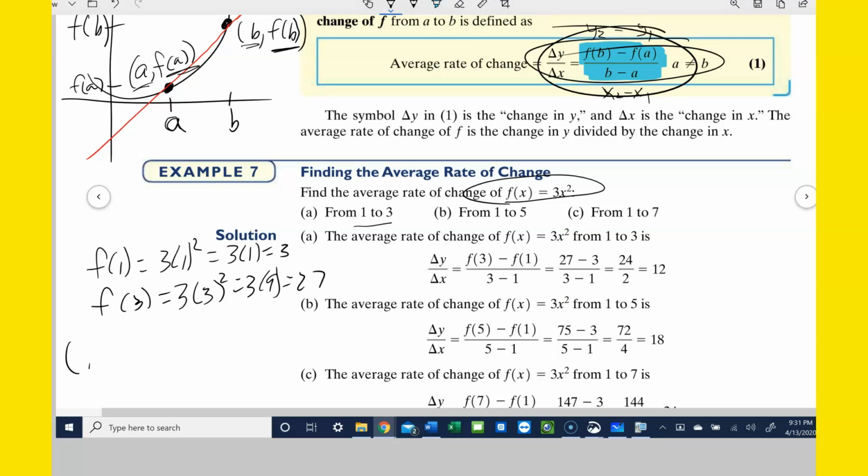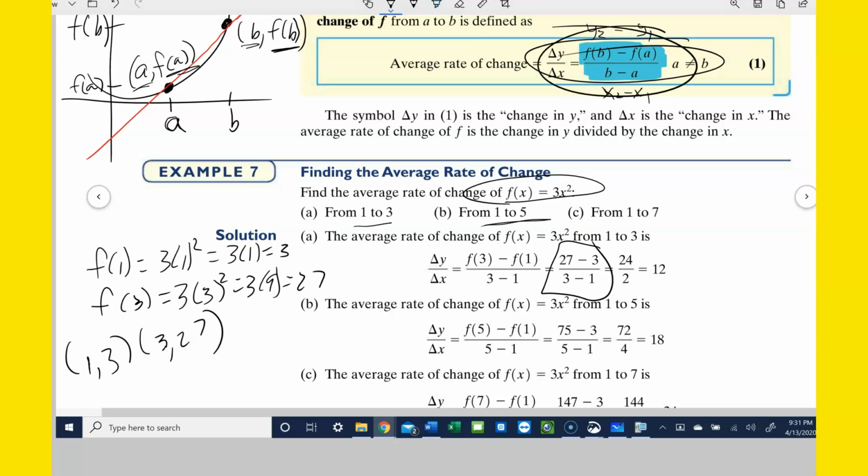So I have the point 1, 3, and the point 3, 27, and I'm finding the slope between those 2 points, which is the average rate of change of this parabola between those 2 points. So we do 27 minus 3 over 3 minus 1, which is 24 over 2, which reduces to 12.